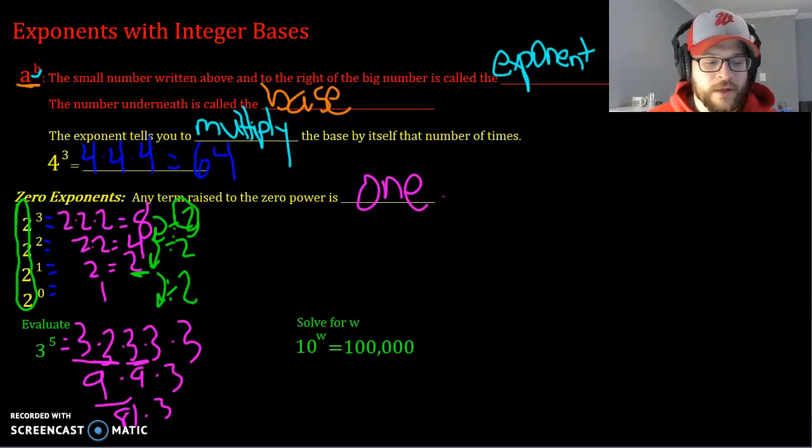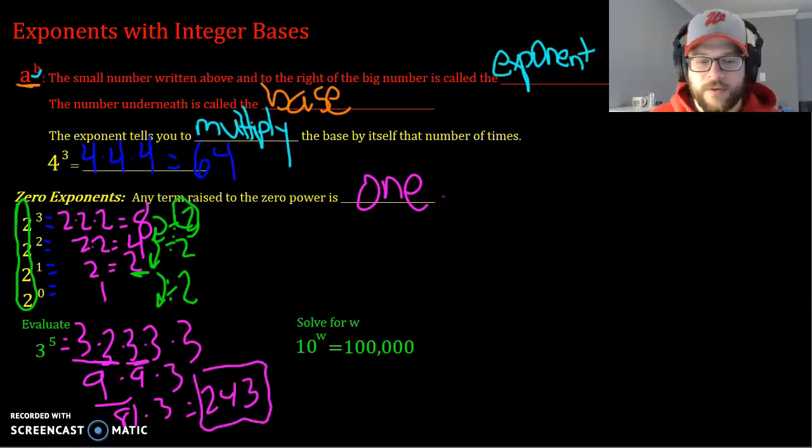And then when we multiply 81 times 3, we get 243. You just need to simplify that all the way down as much as possible. Or if you're able to simply type this into a calculator, that's also going to give you the same thing. But it's important to realize that the exponent, the 5, is what tells you how many times you multiply that thing times itself.